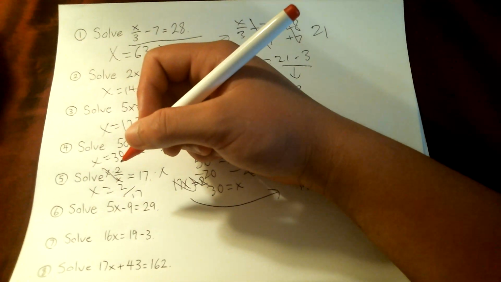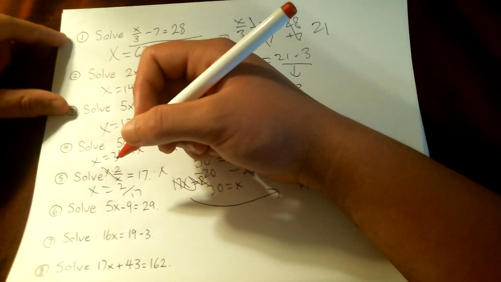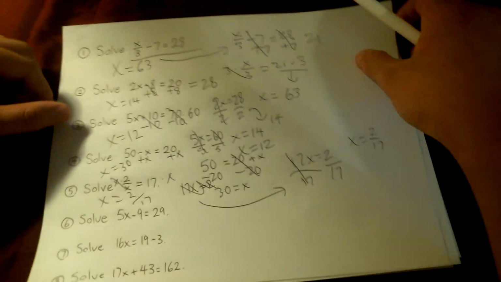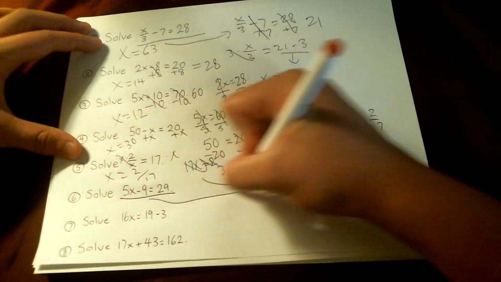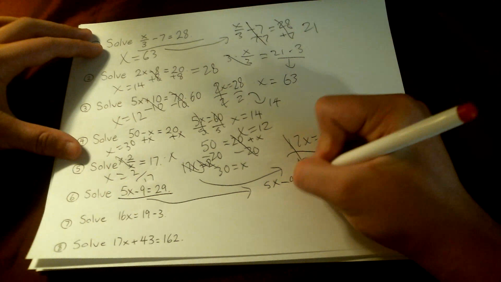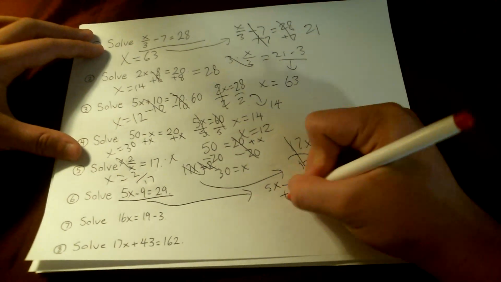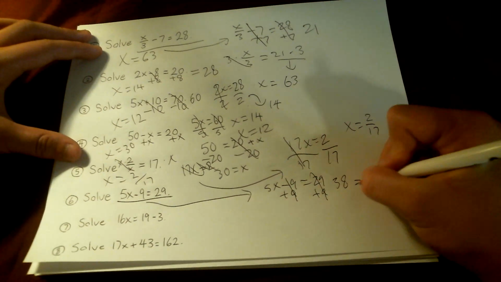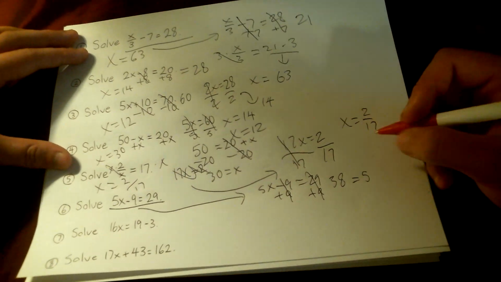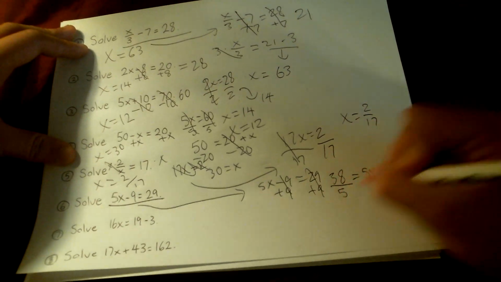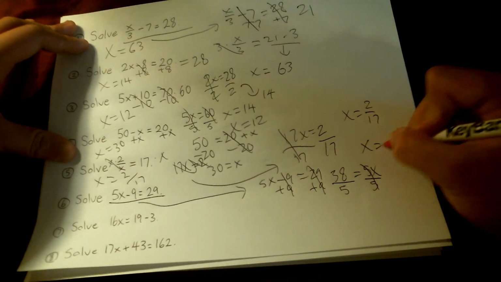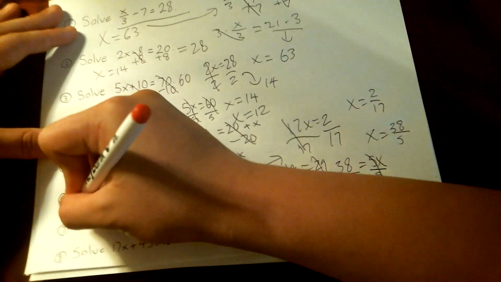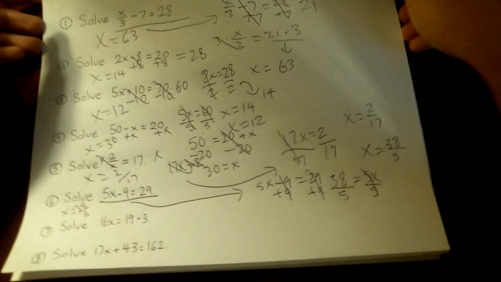Okay, and then for the sixth one, that asks to solve 5x minus 9 equals 29. For this one, we would have to plus 9 to both sides. Plus 9 to both sides first. This would be 38 equals 5x. And then we would have to divide both sides by 5. So x would equal 38 over 5. Alright, let's do the seventh one.